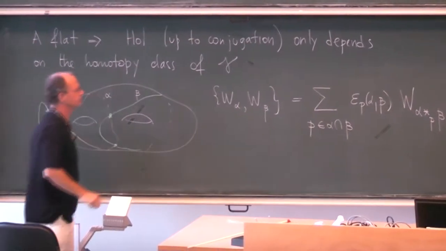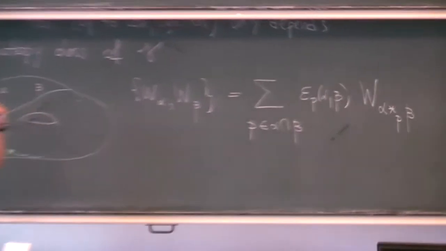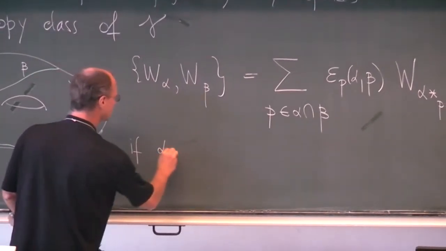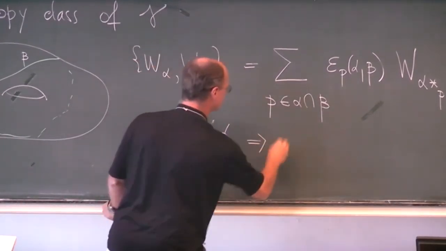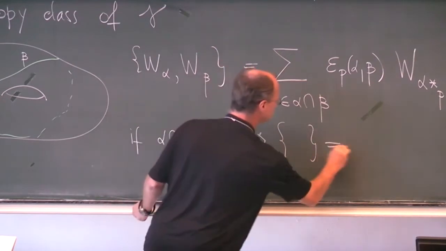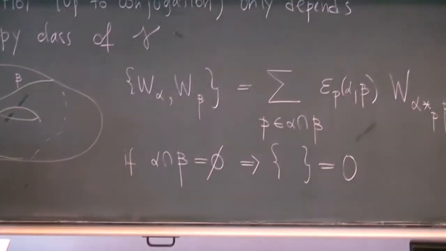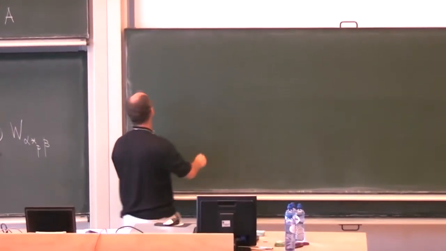In general, this is a complicated construction, but it has one simple feature. If the intersection is empty, then the Goldman bracket is 0, right? If there are no intersections, then there is nothing to discuss. So from there we can draw an immediate and nice conclusion.